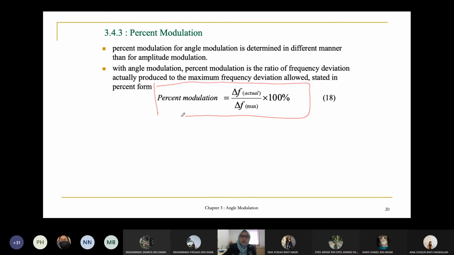Percent modulation equals delta F actual divided by delta F maximum, multiplied by 100%. So you cannot directly multiply M by 100% to get percent modulation. That is only valid for amplitude modulation. It is not valid for angle modulation. For angle modulation, please use this formula.